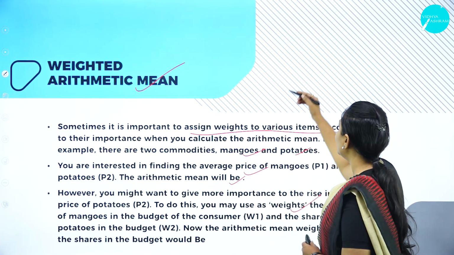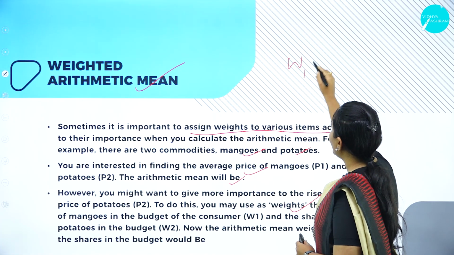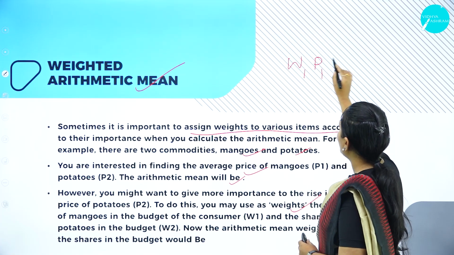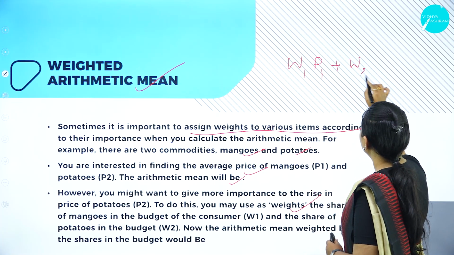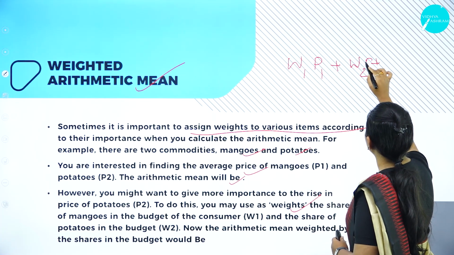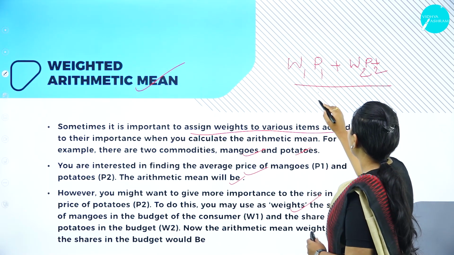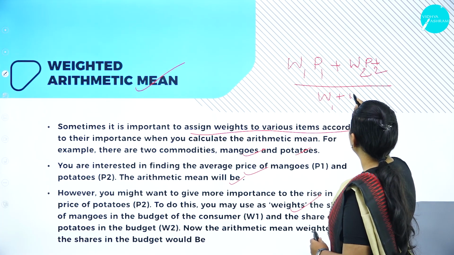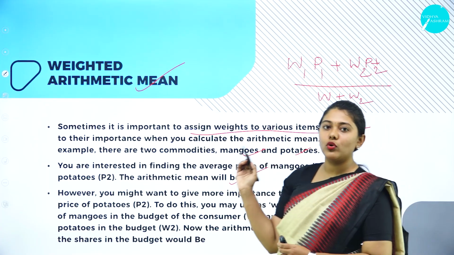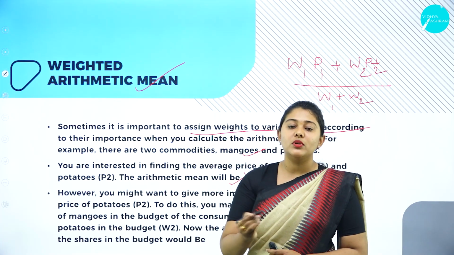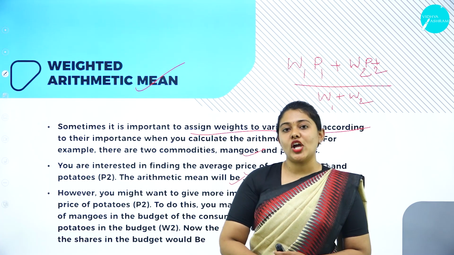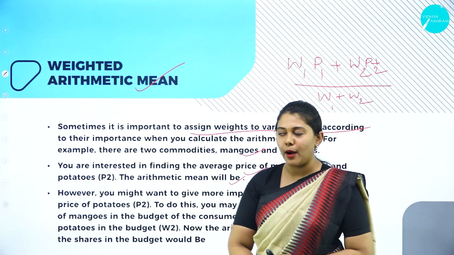How will you compute? Weight 1, commodity 1 plus weight 2, commodity 2, whole divided by weight 1 plus weight 2. So this is how you compute. This weight you will learn in the next chapters, that is your index number.